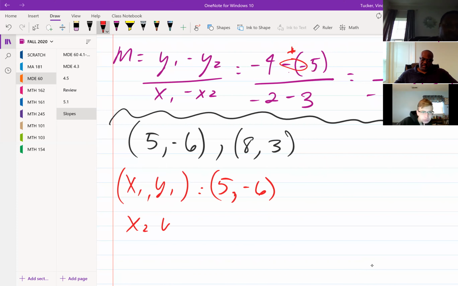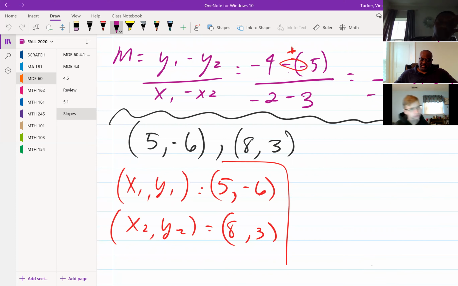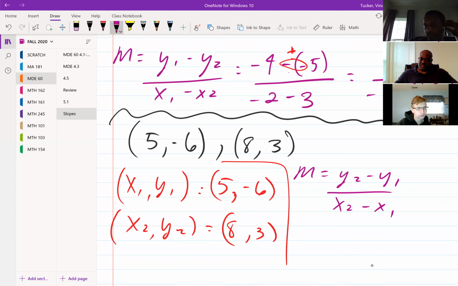Second point be the 8, 3. So we got y2 minus y1 over x2 minus x1.